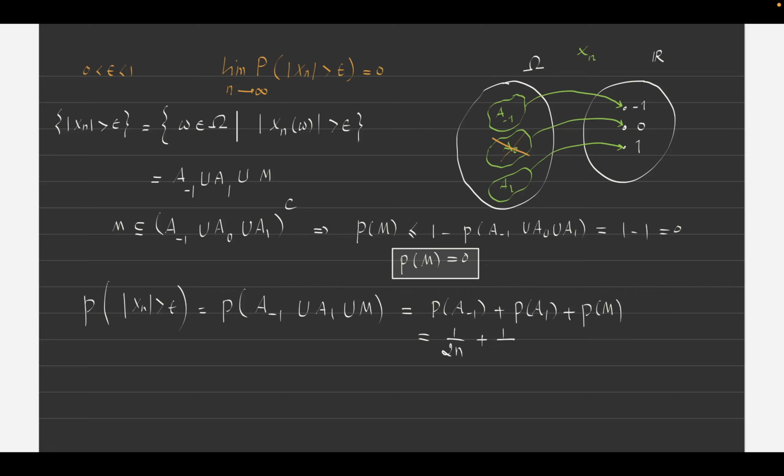The other one is also 1 over 2n, but the probability of M is 0, so it becomes 1 over n. Okay, but look, what I am supposed to calculate is the limit of these probabilities.